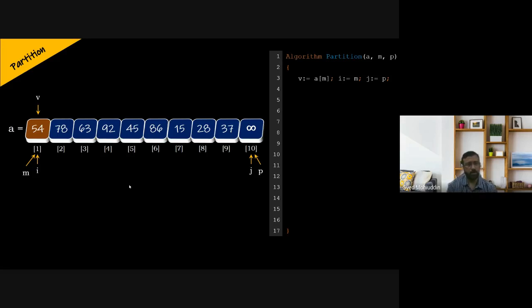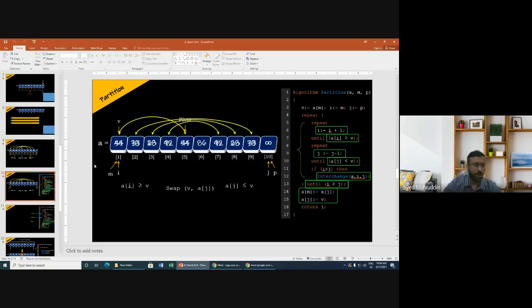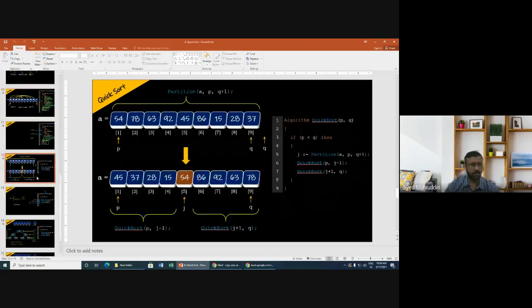So for the sake of flexibility and convenience, we select the first element as the pivot element for performing the partition, and then proceed with the steps which we are seeing. And then let us come to the actual part.